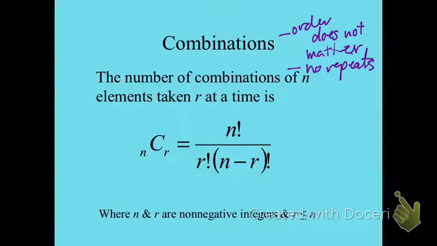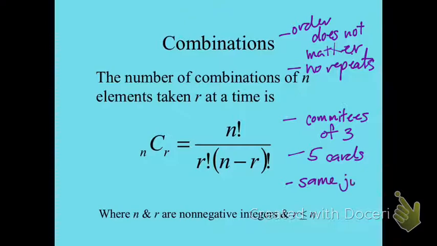Some examples of those, like if you're choosing committees, committees of 3. Or I'm choosing 5 cards. Whenever I'm choosing, basically they're all equal weight or like the same job.